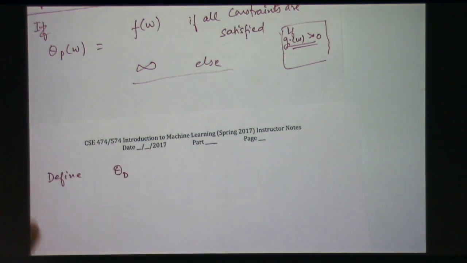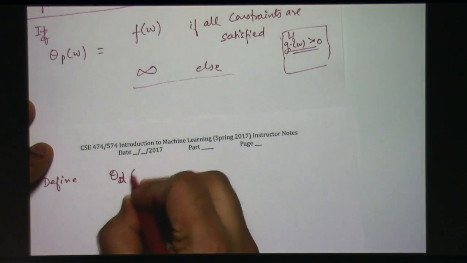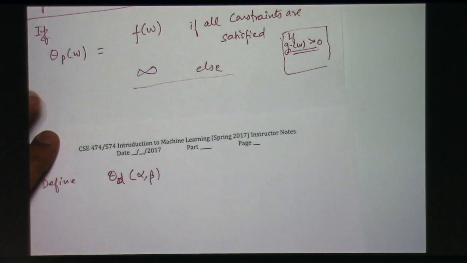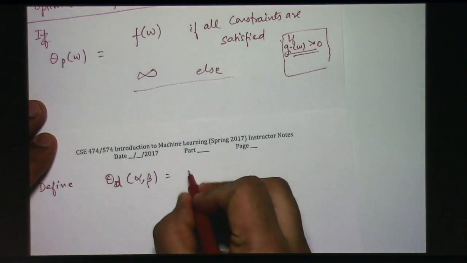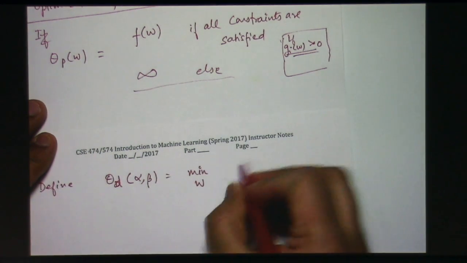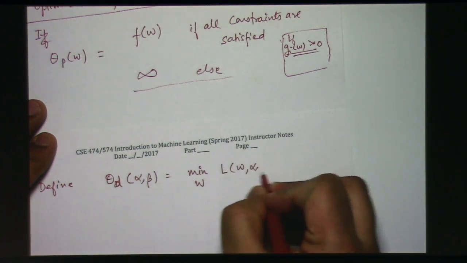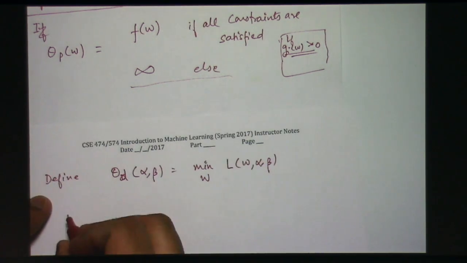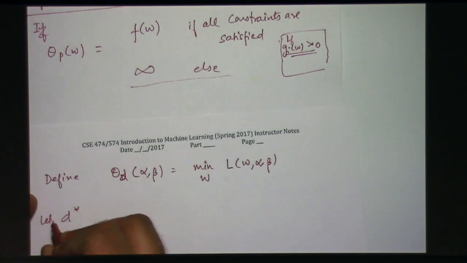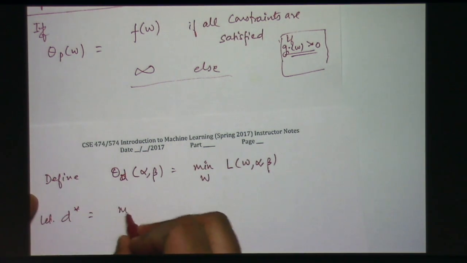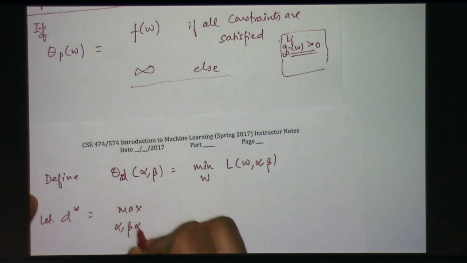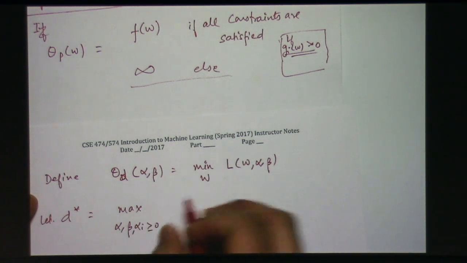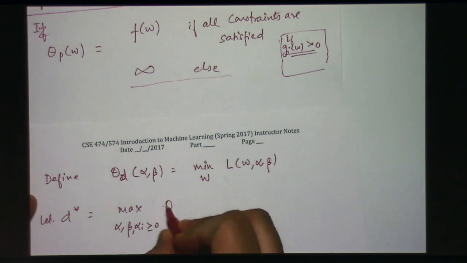Theta d, all right? I'm going to define theta d of alpha, beta as the min over all w of L of w, alpha, beta. Because I flipped it around, I'm going to say let d star be the value of the max over all alpha, beta of this theta d.